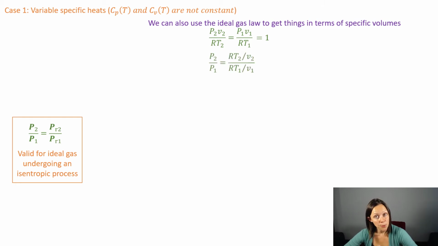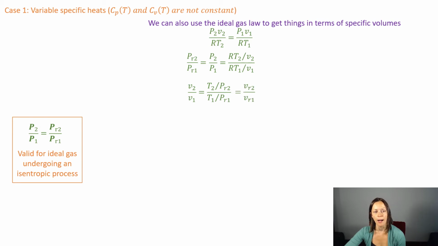Then I'm going to rearrange it to get it in terms of P2 over P1, because I know for an isentropic process that P2 over P1 is equal to the ratio of relative pressures. Then I can rearrange this to get it in terms of the specific volume ratio. And you'll notice that the specific gas constant R dropped out. And now all I've got is T2 over PR2.